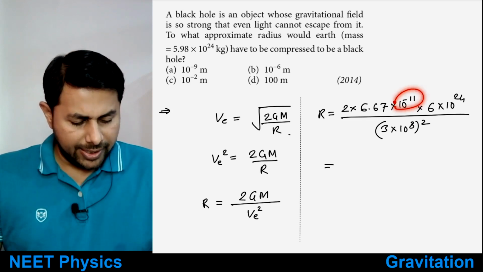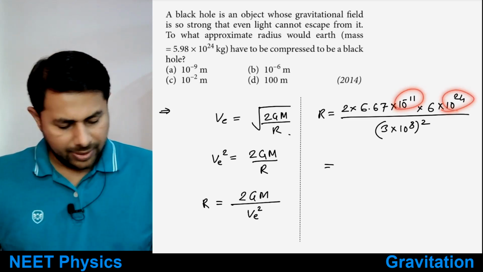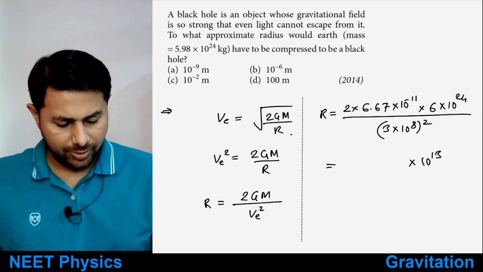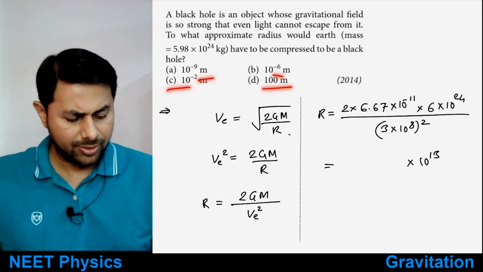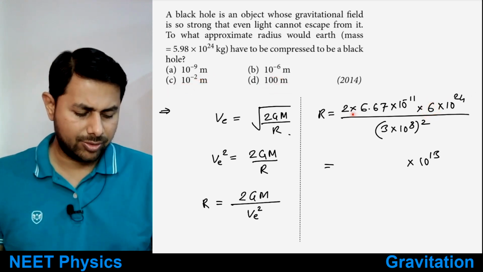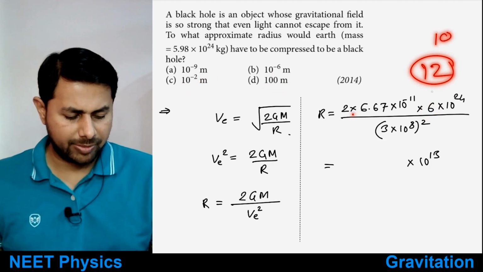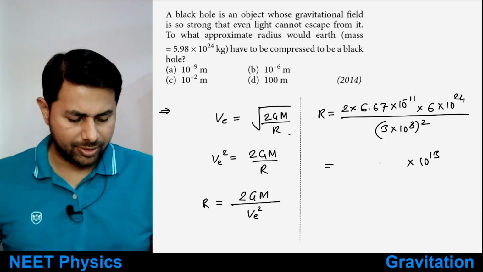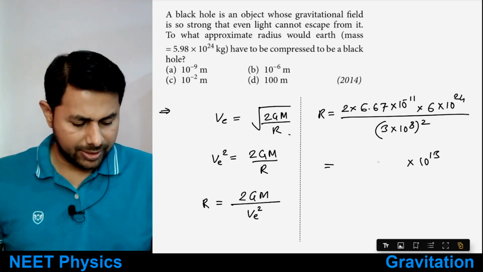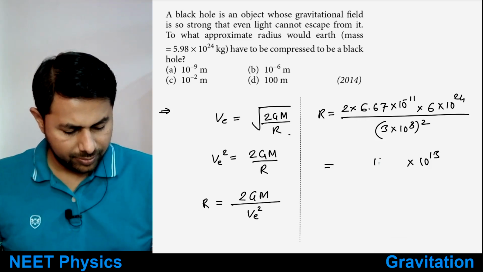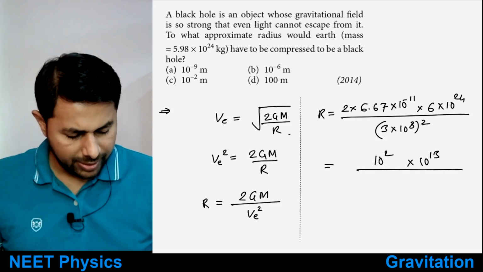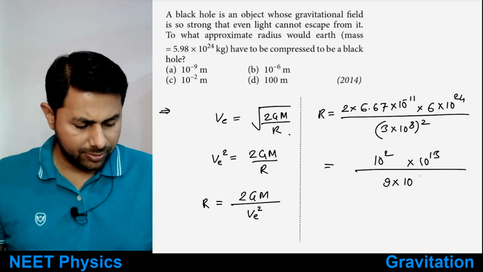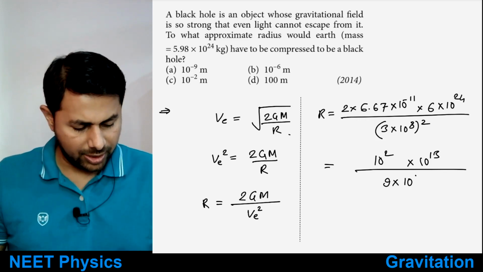So then this is 10 raised to minus 11 plus 24, that is 10 raised to 13. 6 times 2 is 12. We just want the order of magnitude, so this 12 can be approximated to 10, and 6.67 can also be approximated to 10, so that becomes 10 square. 10 square divided by 9 multiplied by 10 raised to 16.